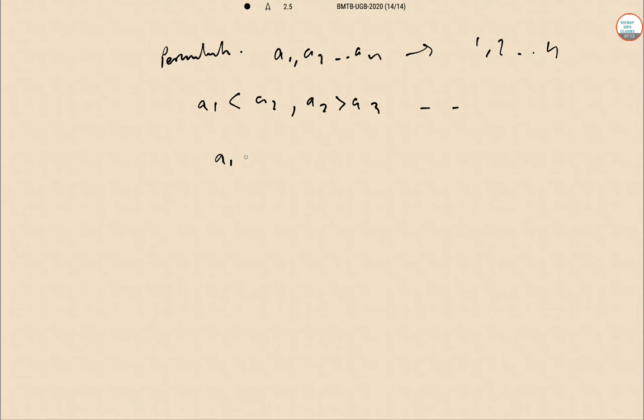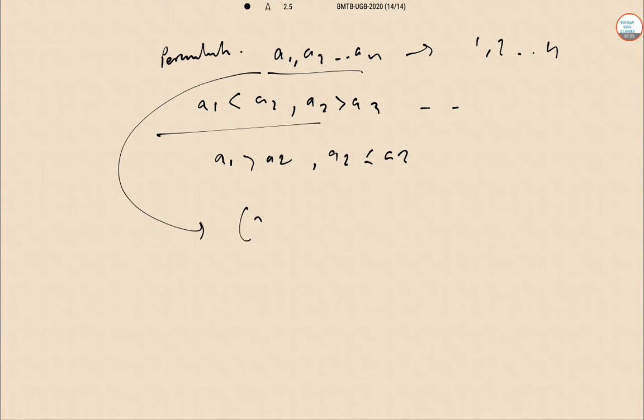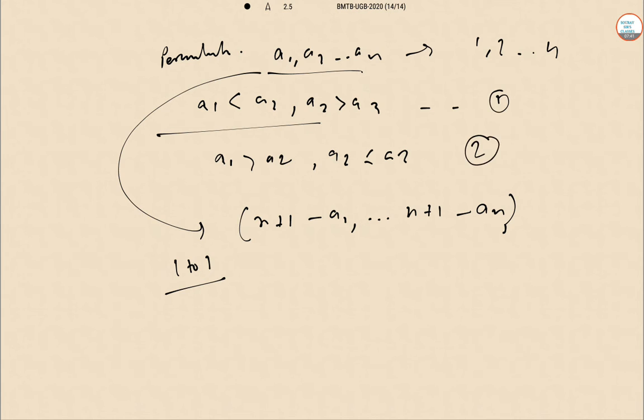Corresponding to a1, a2, dot dot dot an, we get n plus 1 minus a1, comma, dot dot dot, n plus 1 minus an. So this is a one-to-one correspondence between the two sets, if we mark them as 1 and 2, with respect to the 1 and 2 permutations.